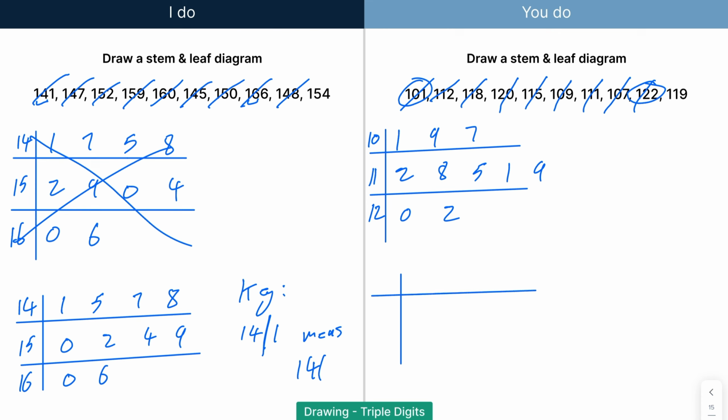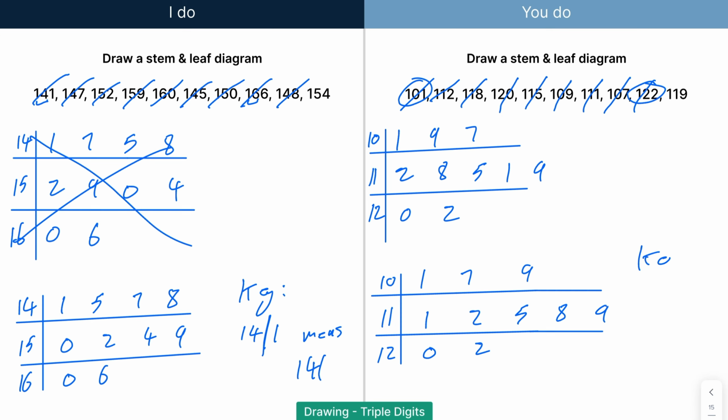I almost forgot on that side then. So looking at this, 10, 11, 12, 0, 2 is already in order, 1, 7, 9, 1, 2, 5, 8, and 9. You just separate that a bit so it doesn't look like it's too close. And then we have the key, so 1, 0, 1 is 101.